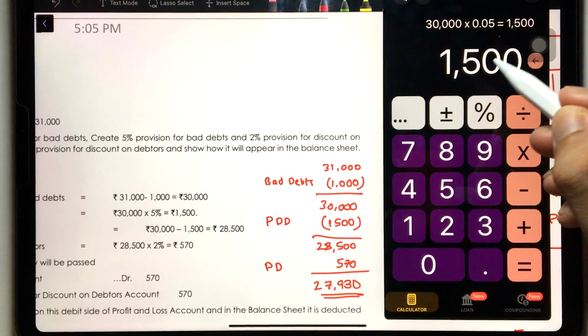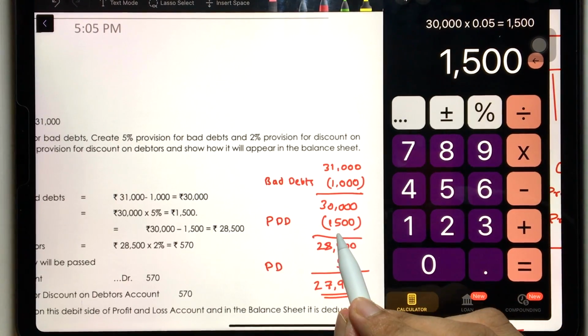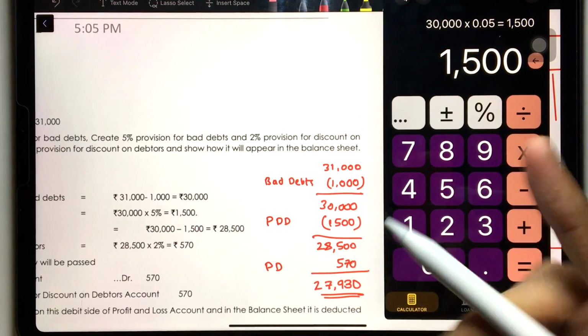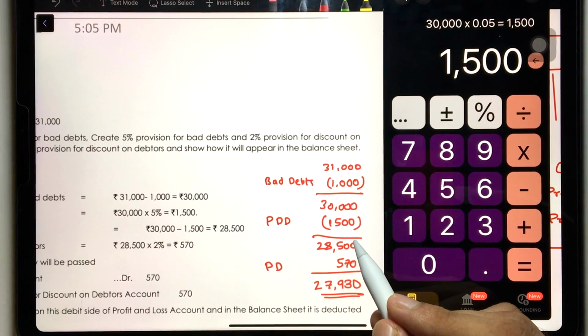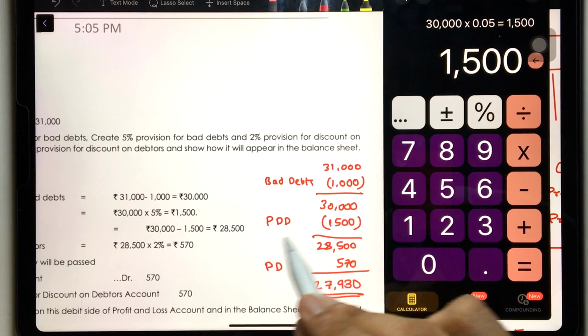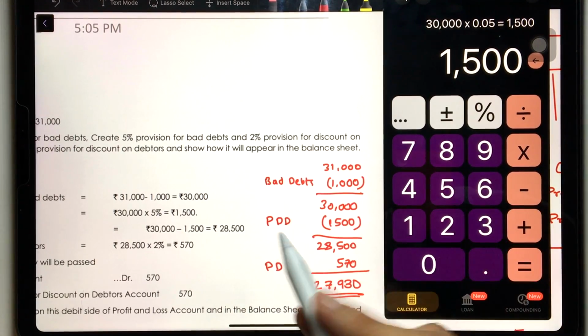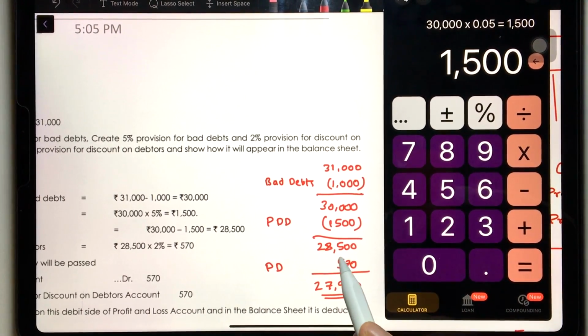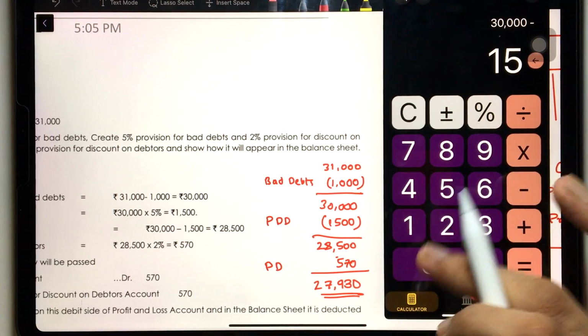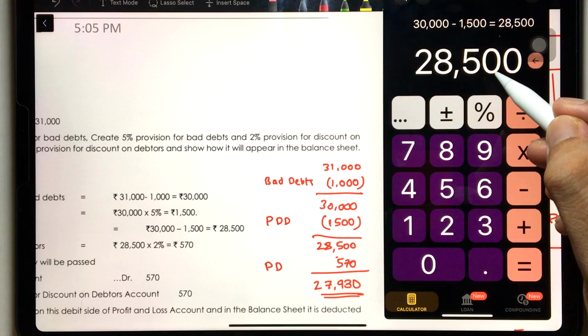This is the provision for doubtful debt. In the balance sheet, we present it like this: 30,000 minus 1,500. After deducting the PDD, provision for doubtful debt, or you can say provision for bad debt, you will get 28,500.